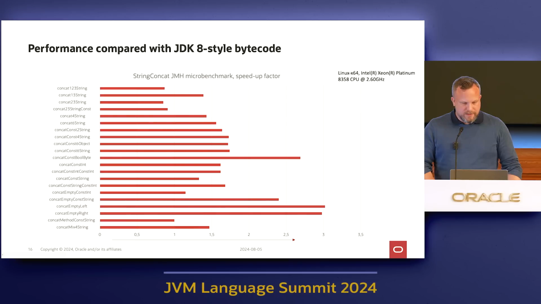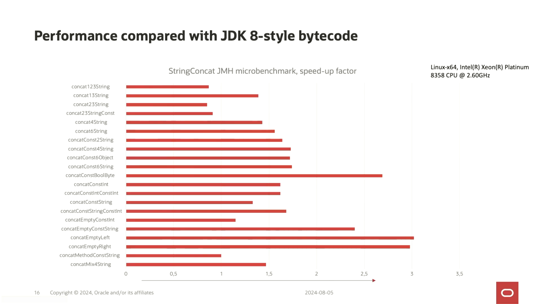This is numbers from a microbenchmark that tests various concatenations of various arities, from 123 arguments at the top, and then down to a larger selection of small arity concatenations.